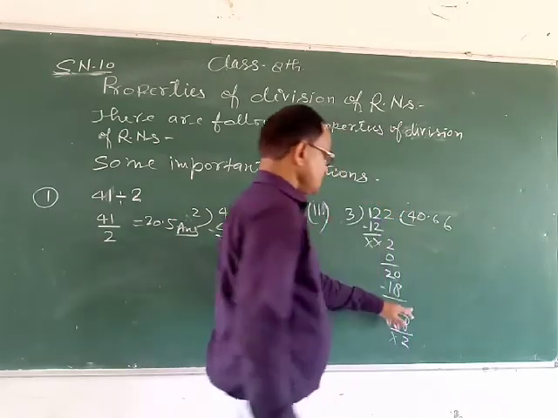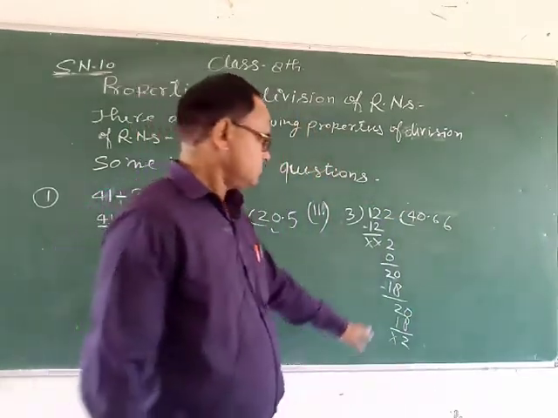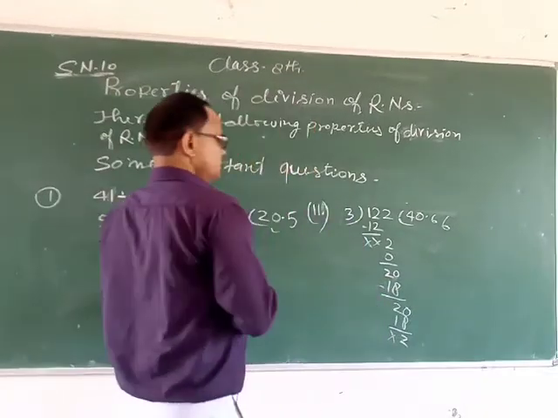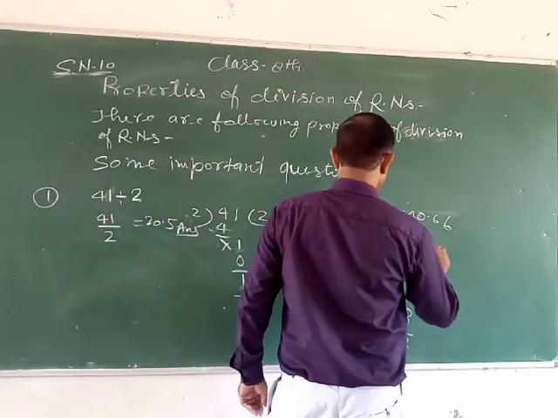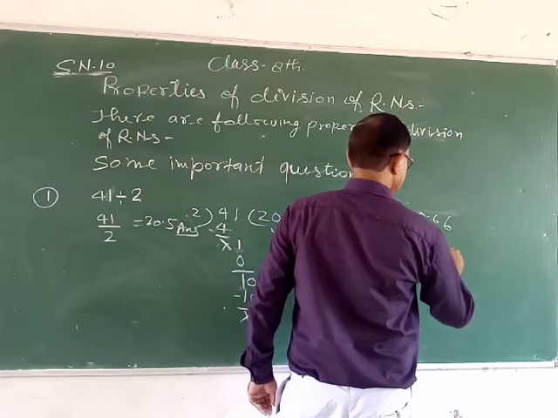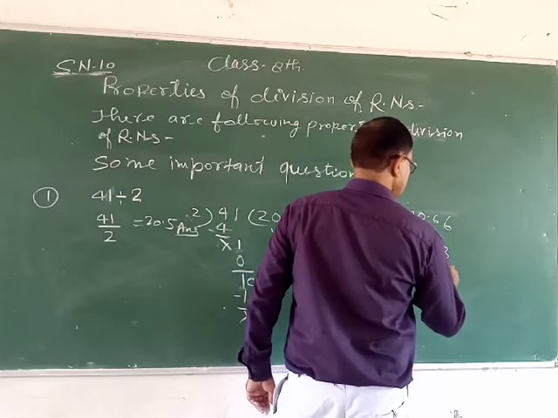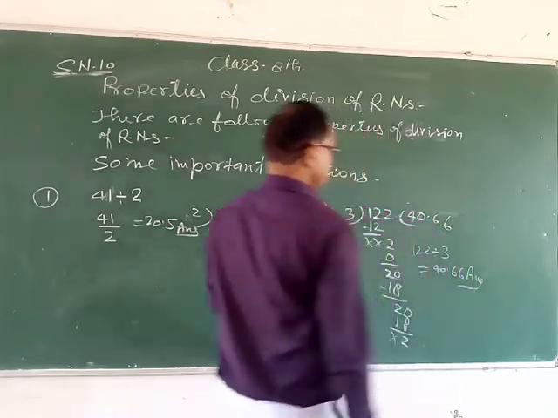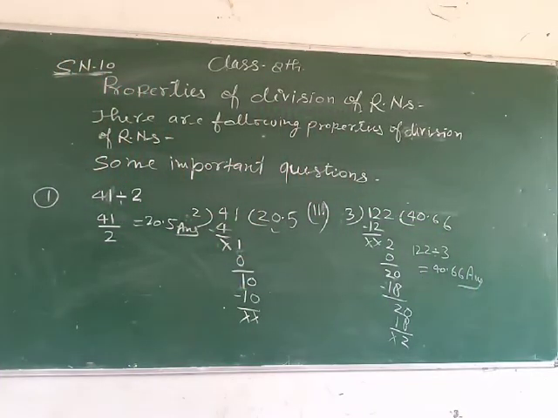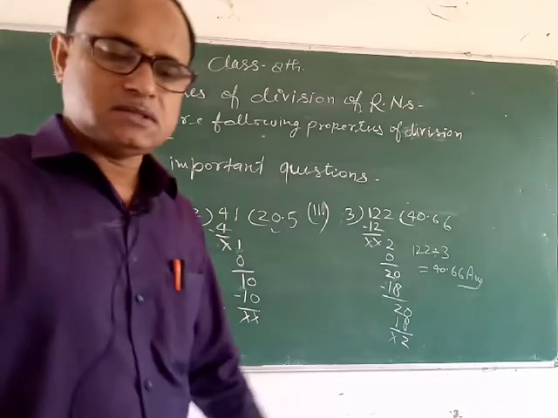Okay. Never terminate. Then we get here 122 divide 3 is equal to 40.66, which is the answer. These types of questions you can solve on this basis.